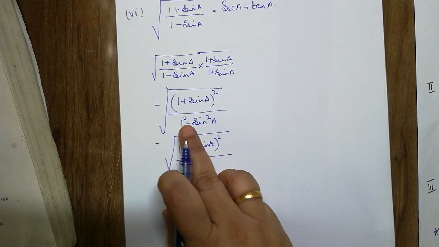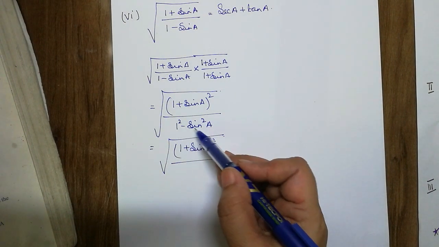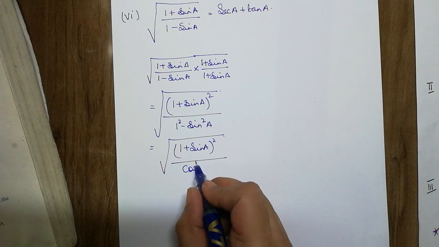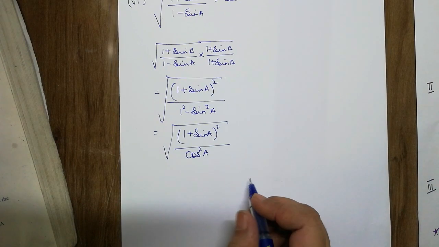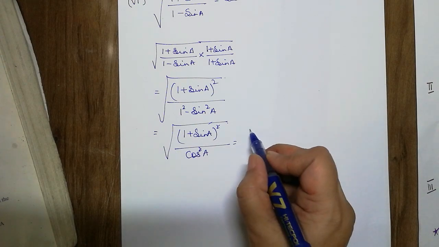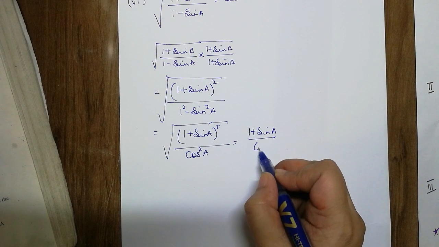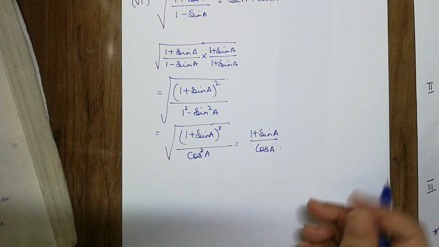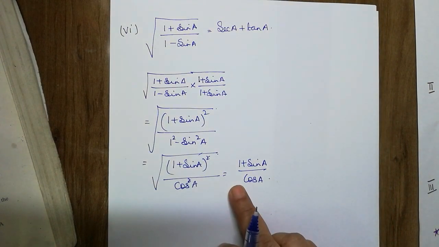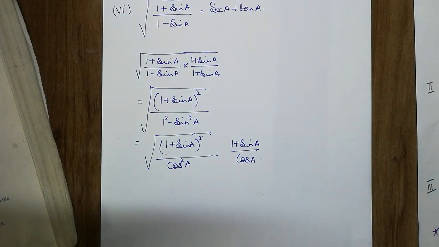But look, in the denominator, it is 1 minus sin square a. 1 minus sin square a is cos square a. So now when we cancel, square and square root cancel, we come out of the root, and here we get cos a. So we came up to this point where further no identities can be applied, nor can any simplification be done.